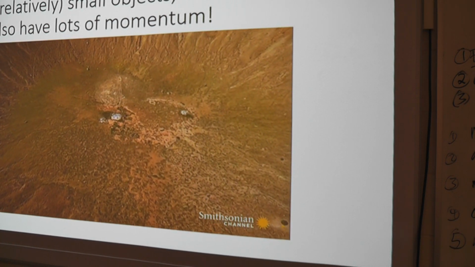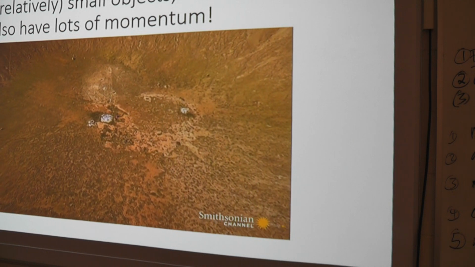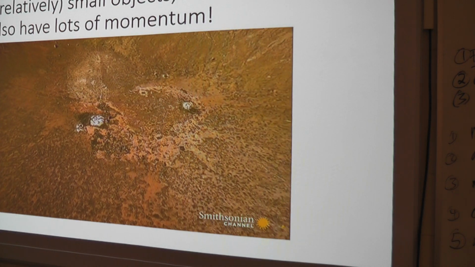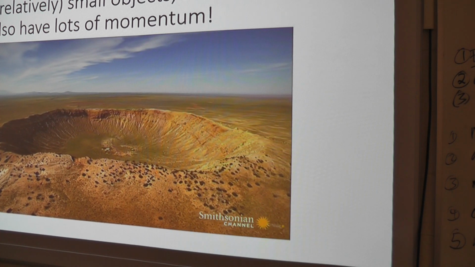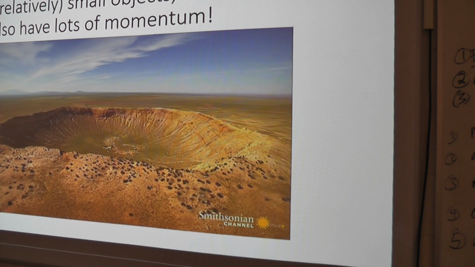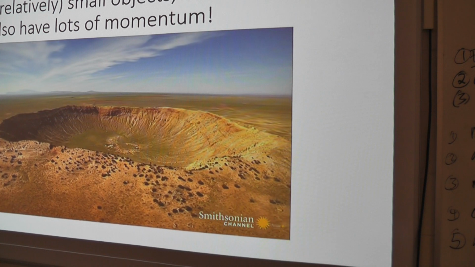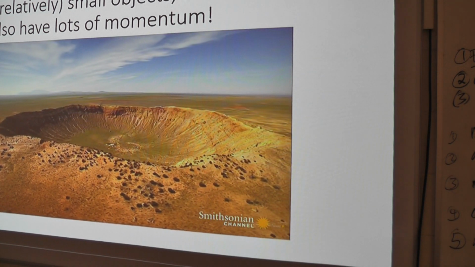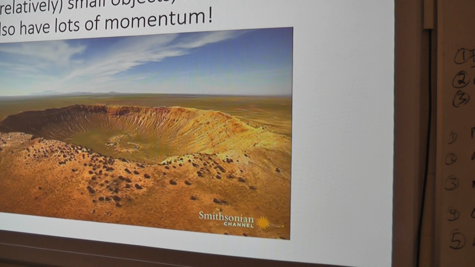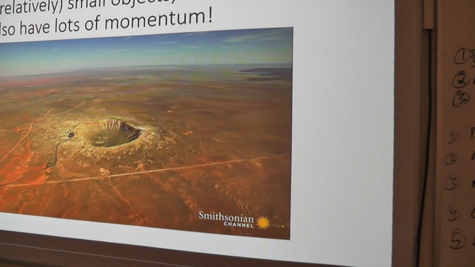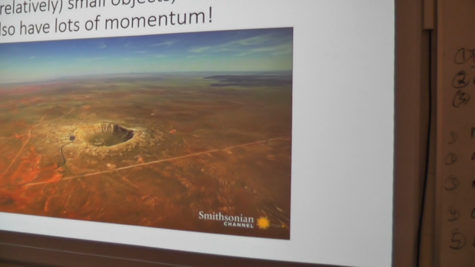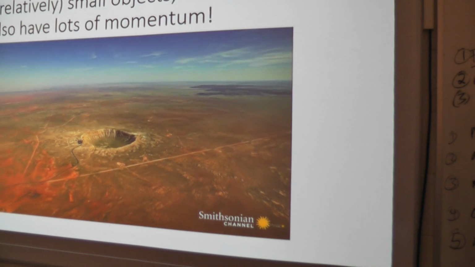The impact energy was about 10 megatons, equivalent to more than 20 million tons of TNT. Named simply Meteor Crater, it's the first geologic scar ever confirmed to have been created by a collision from outer space. Hundreds of other craters have been identified since, but Arizona's remains one of the most spectacular.